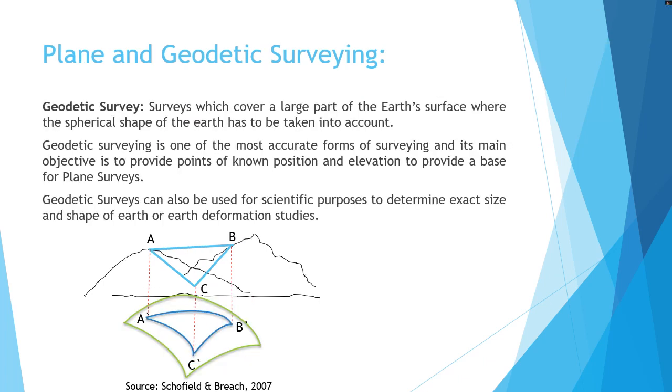In the next part, the geodetic survey, on the other hand, we see that our Earth here is an ellipse. And if we measure the length from A to B, that's the length of the horizontal line.